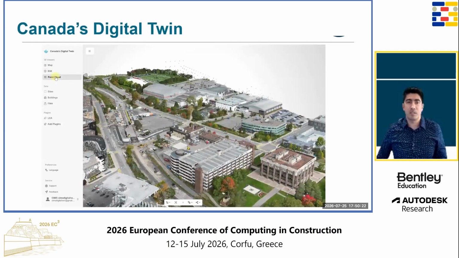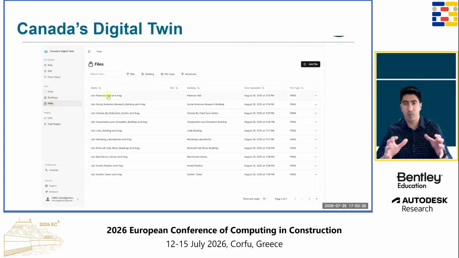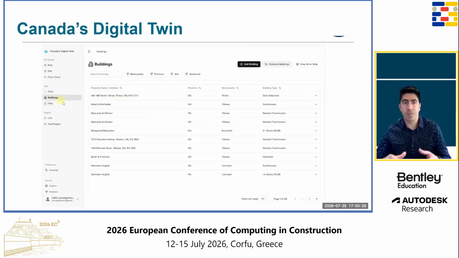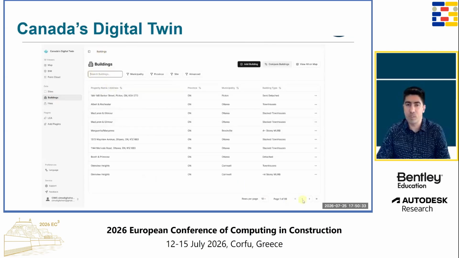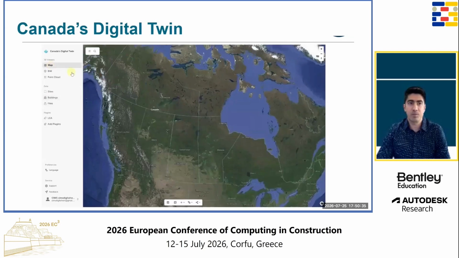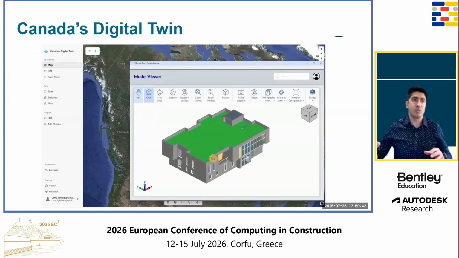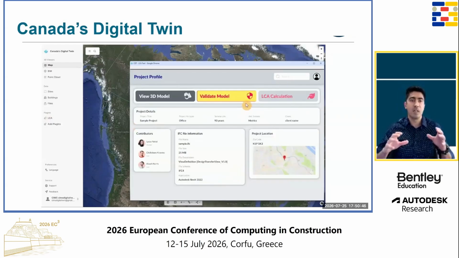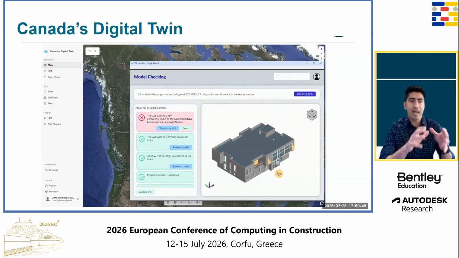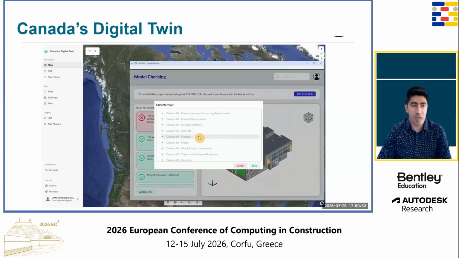Sims Lab is helping us in deploying and running the proof of concepts on some of the use cases with this platform. This is called Canada's Digital Twin. It is evolving, and all those items related to the environmental impact assessment and cost assessment are going to be added to this platform as plugins.